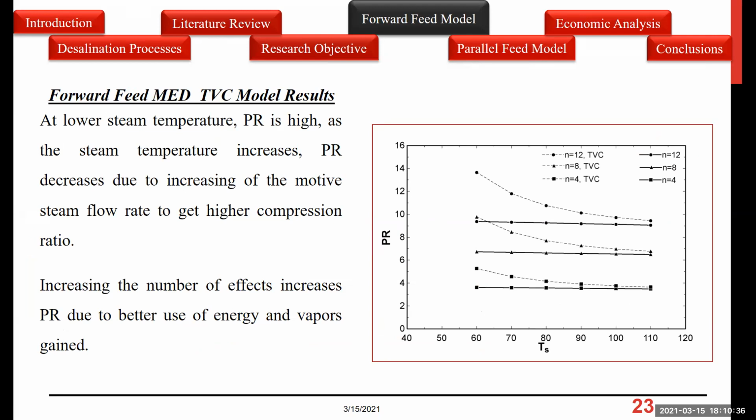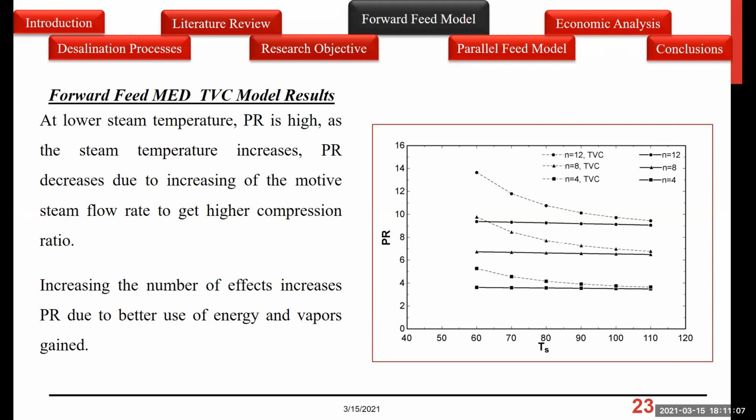So there is a way here that we can increase the performance ratio. I can imagine a case like this where an MED system is being operated, and then we have introduced a TVC system into it. What you see here is that the performance is better with the TVC compared with the system without TVC.